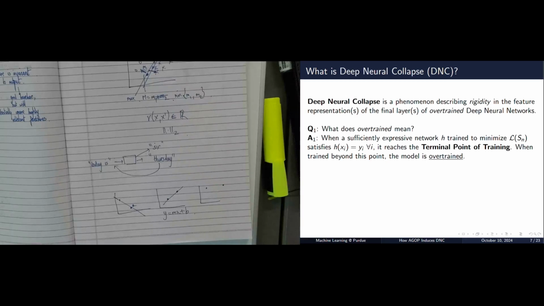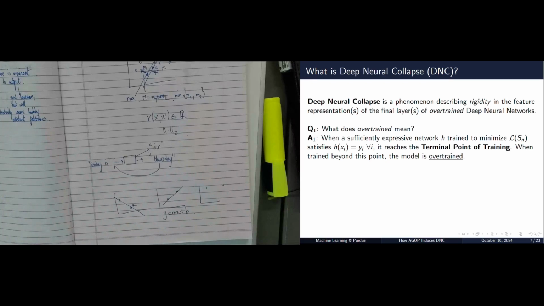Sufficiently expressive network just means overparameterized, such that it can minimize the loss and satisfy zero training error, wherein your entire training set is effectively memorized. However, you still have a non-zero loss. So you can theoretically improve, but if you just take the argmax, it will say that this is a perfect prediction.